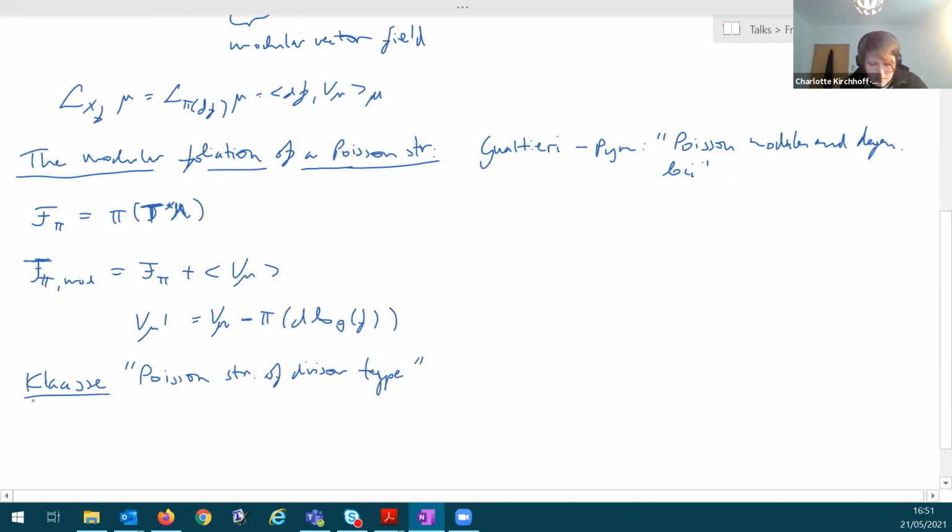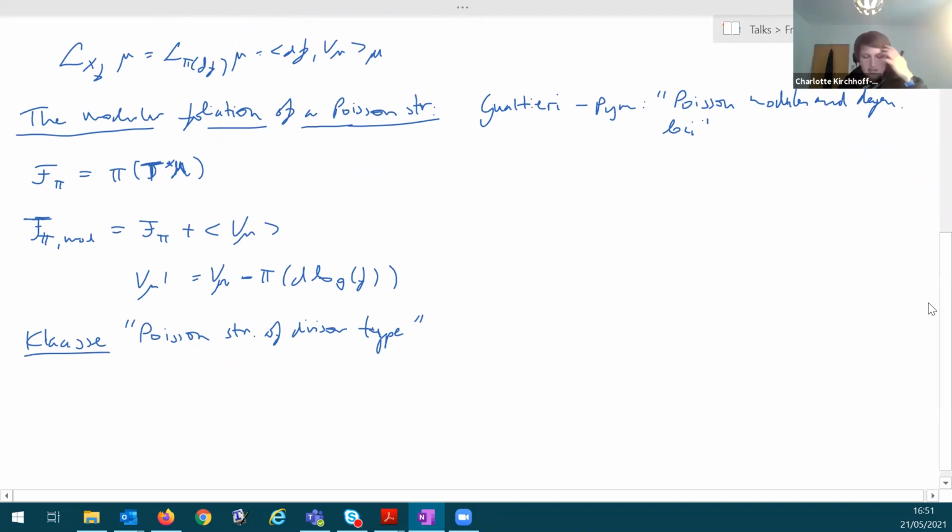There Ralph studied these Poisson structures that are also known as almost regular, where the foliation can be expressed as sections of a Lie algebroid. And then it's particularly interesting to look at Poisson structures that are of Lie algebroid type, in the sense that they are push forwards of a Poisson structure on a Lie algebroid.